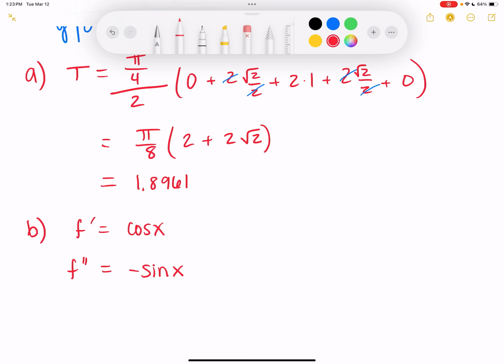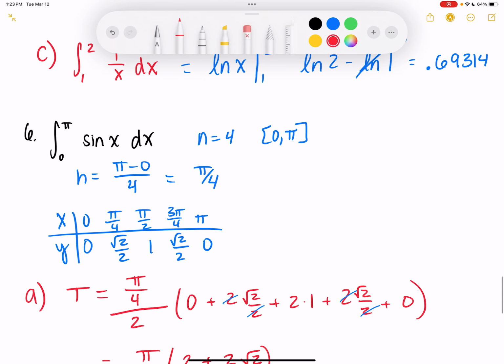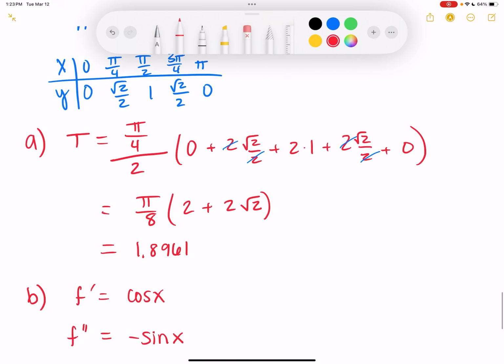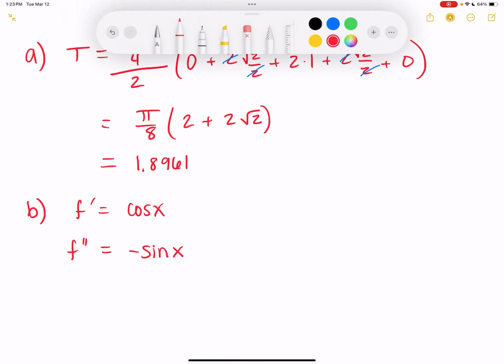However, we were told it's on the interval from 0 to pi. So what does sine have to be everywhere from 0 to pi? Positive. But there's a negative sign, so it's going to be negative. So this is less than 0, it's an underestimate for x in the interval 0 to pi.